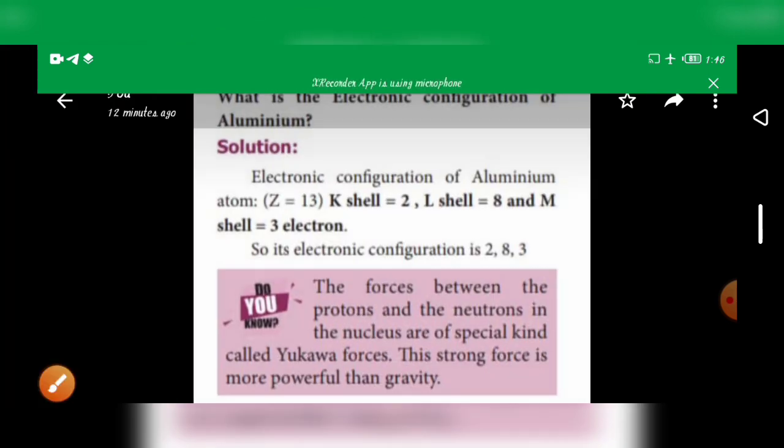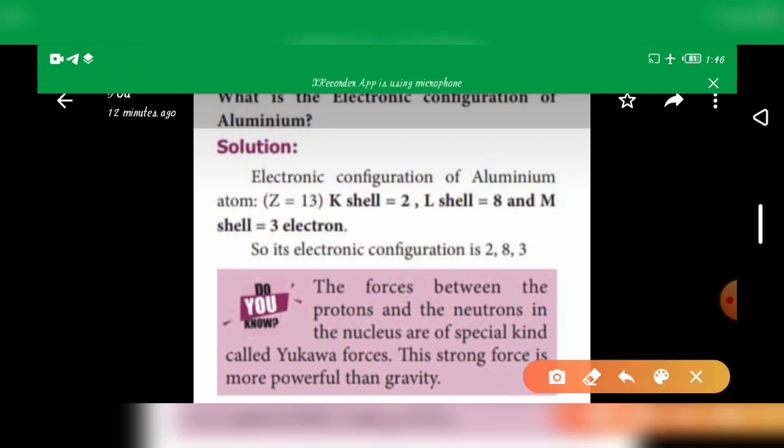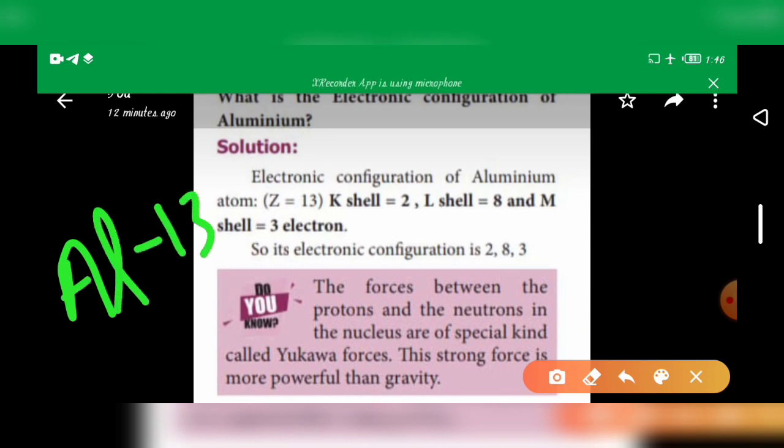Okay, see here. You know very well the electronic configuration of aluminium. Aluminium has atomic number 13. Here, see, the electronic configuration of aluminium. First you have to fill the K cell. The K cell contains 2 electrons.